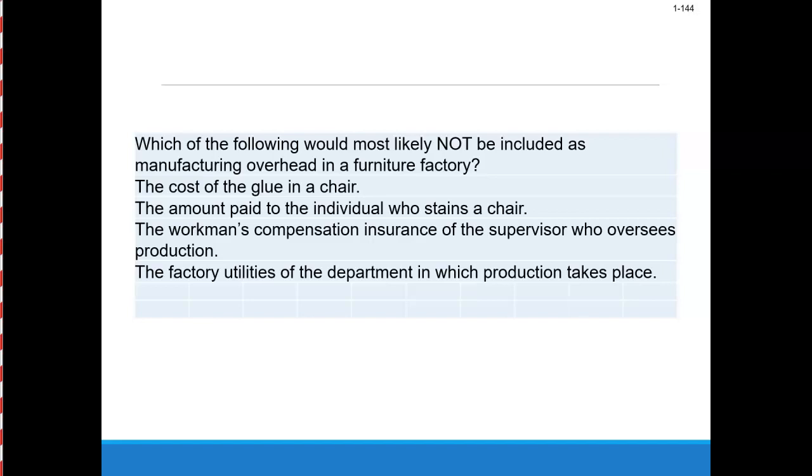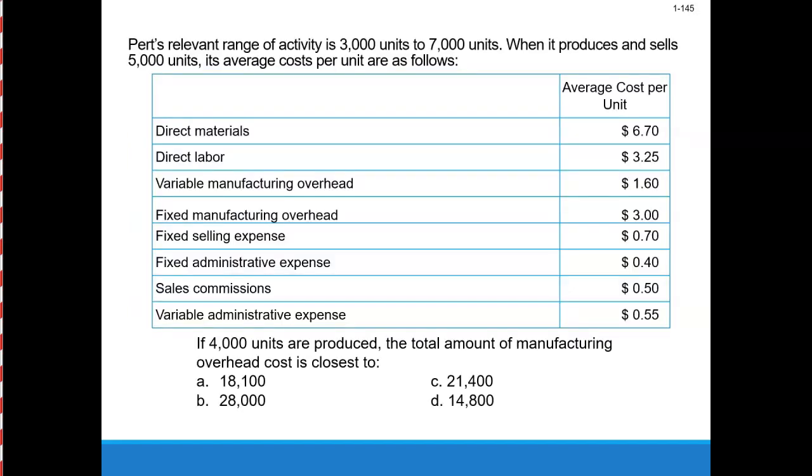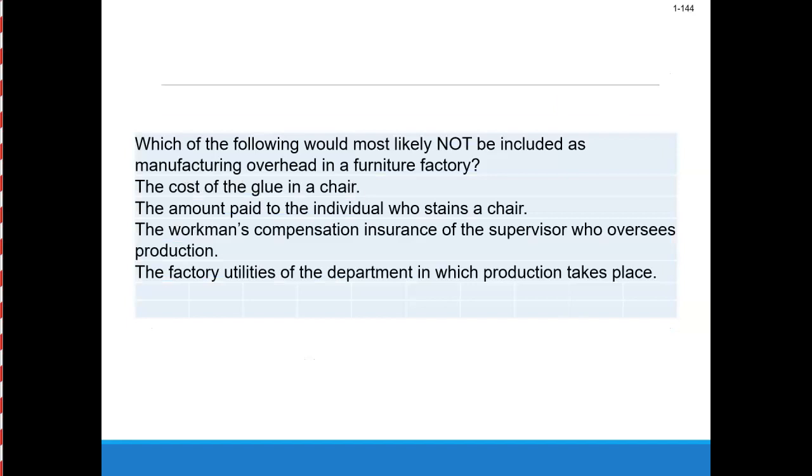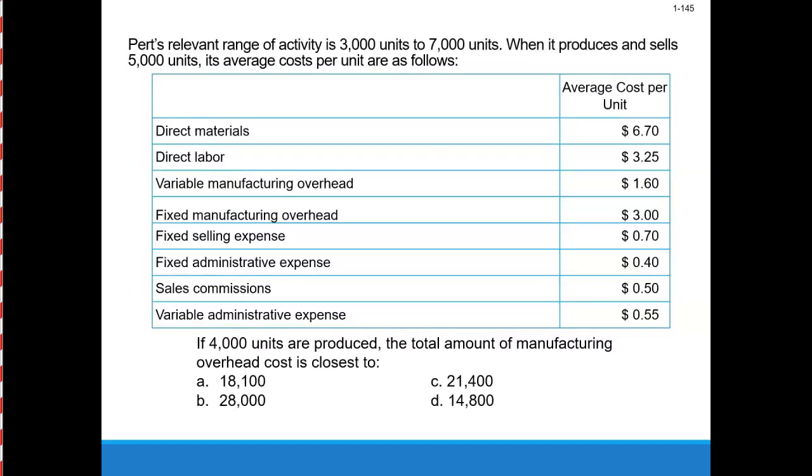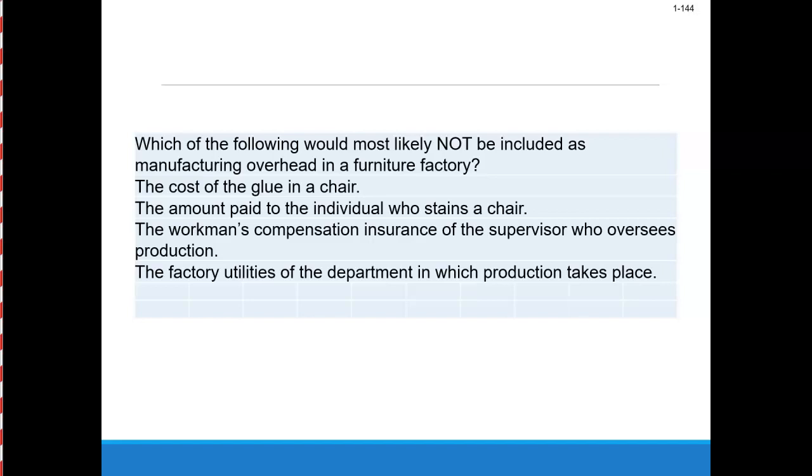The workman's comp insurance of the supervisor who oversees production? The factory utilities. So manufacturing overhead are indirect costs. Okay? Which would not be included as manufacturing overhead? Well, what about the cost of the glue and the amount paid to the individual who stains the chair? Wouldn't those be? I didn't mark it, but I promise you those are the correct answers. Right?